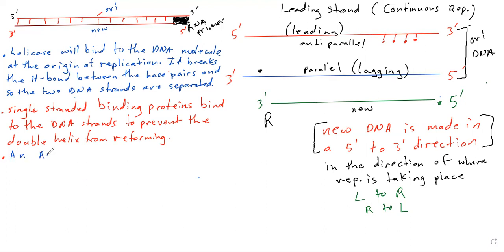An RNA primer is made by RNA primase. As a side note, a primer is a short sequence of nucleotides.